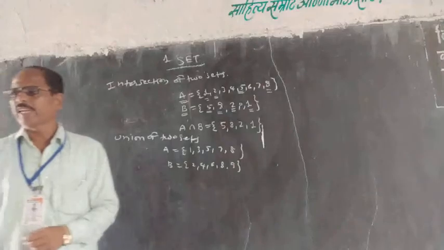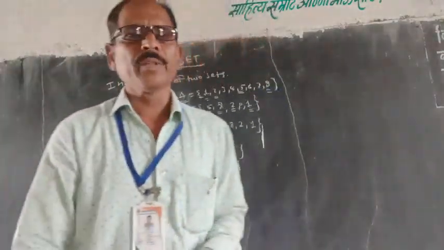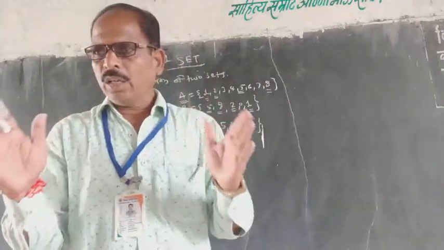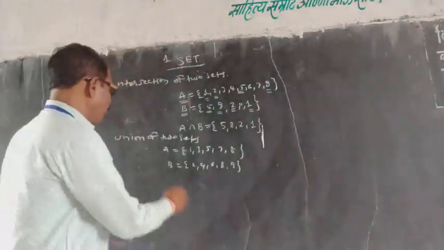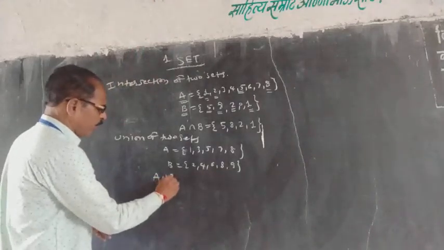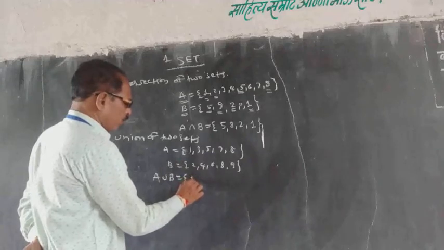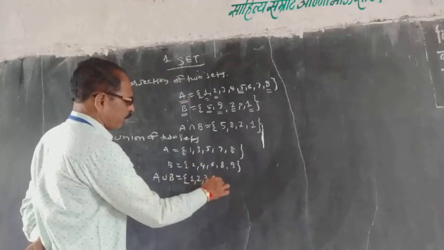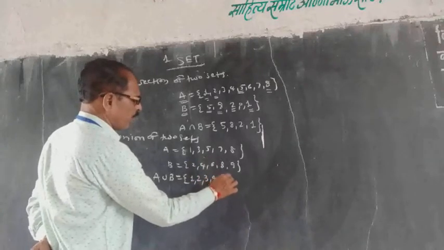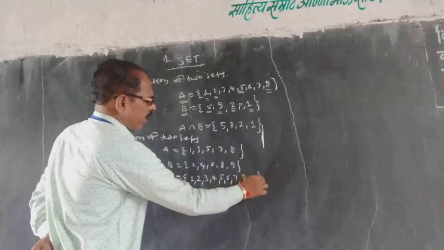When we take the union of set A and set B, all elements are together in A union B. A union B is equal to 1, 2, 3, 4, 5, 6, 7, 8, 9.